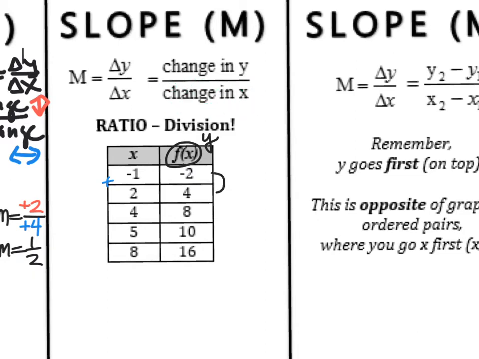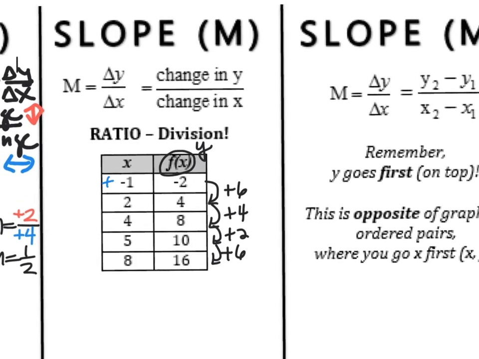So I'm going to look at those tables first, and in this case, it goes from -2 to 4, so it's increasing by 6. And then this time it's increasing by 4, here it's increasing by 2, and here it's increasing by 6. So at least right now we're not sure that it's changing by the same amount, because the x values may be changing by different amounts as well. Sometimes when you do tables, that value is always going to increase by the same thing.